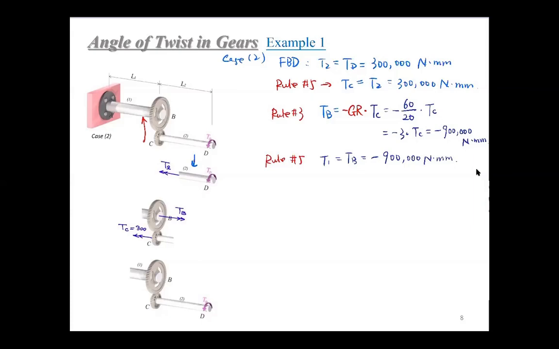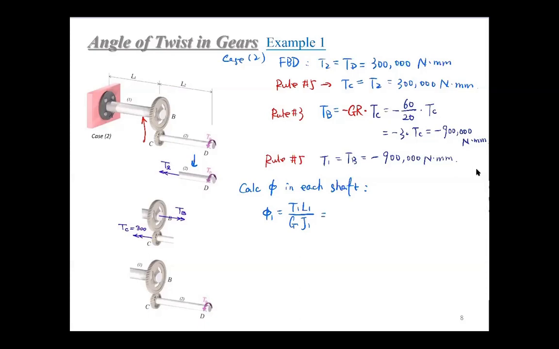After that, we can calculate the angle of twist in each shaft. We have 2 shafts, 1 and 2. So phi 1 is just T1 L1 over G1 J1.